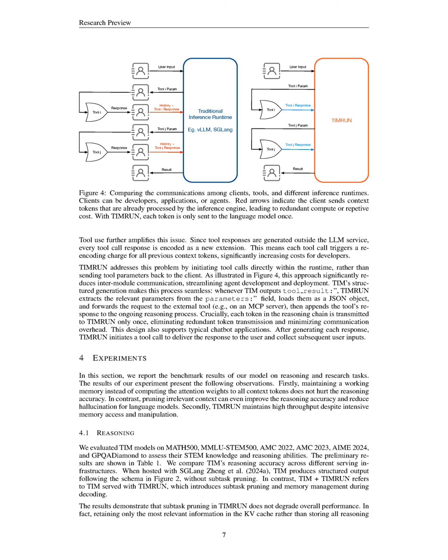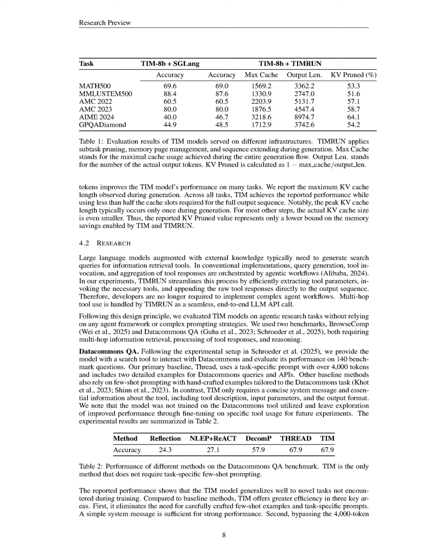The experiments compared TIM's reasoning accuracy against different serving infrastructures, specifically contrasting TIM with TIMRUN, which incorporates subtask pruning and memory management. Key metrics included the maximum KV cache length observed during generation, where TIM achieved performance while using less than half the cache slots required for the full output sequence.